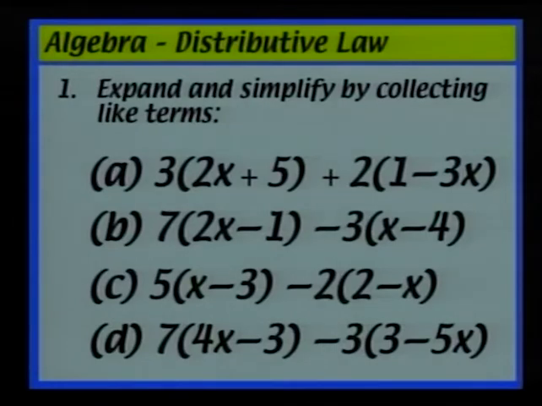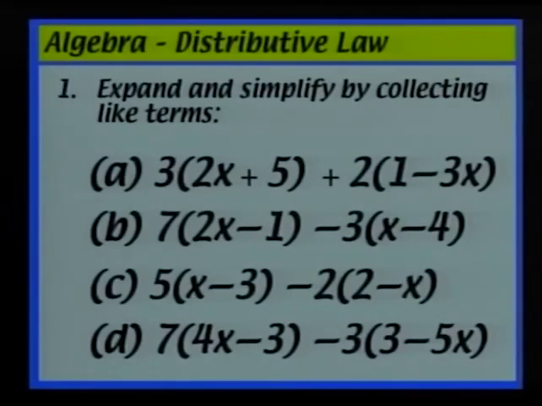Yes, C. Miriam. 7x minus 19. 7x minus 19 is correct. Gabriel, D. 43x minus 30. Okay.